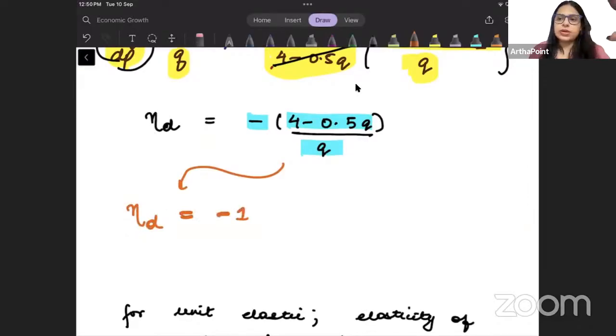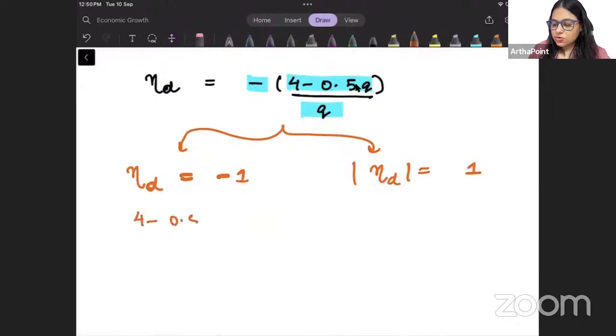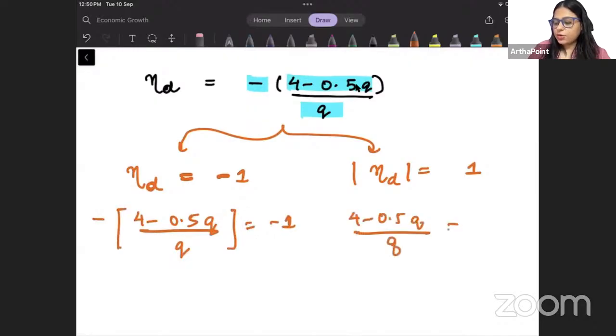The second method is that you find its absolute value and equate it to 1. Both mean the same thing. So either I take 4 minus 0.5 Q by Q, with the negative sign, and equate it to minus 1, or I take its absolute value and equate it to 1. It means the same thing. But don't equate this directly to 1. That is incorrect. This is what is tricky here.